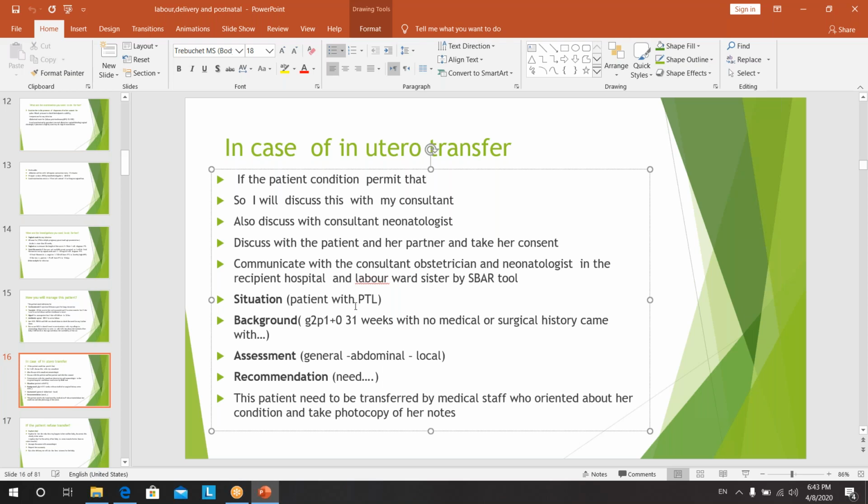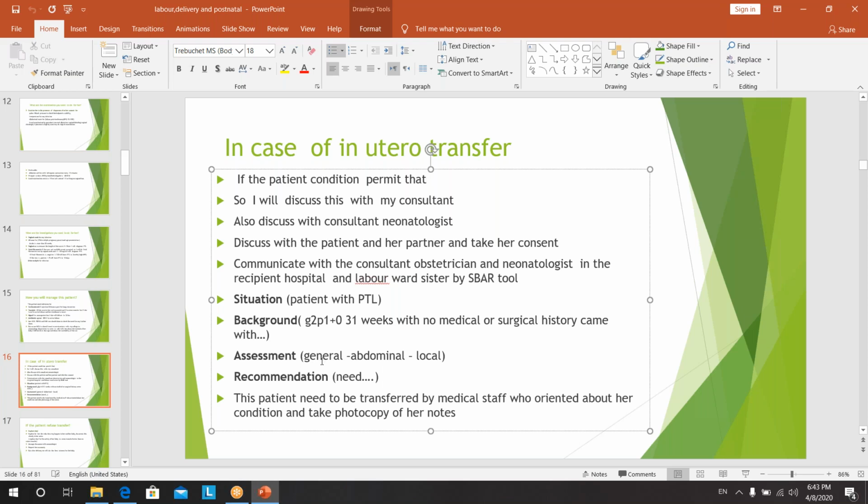Situation: you give the situation now. I have a patient with preterm labor. Background: you give some information about the patient's history, like she is gravida 2 at around 31 weeks with no medical or surgical history, who came with tightness and vaginal bleeding. Assessment: what was your general, abdominal and local examination?